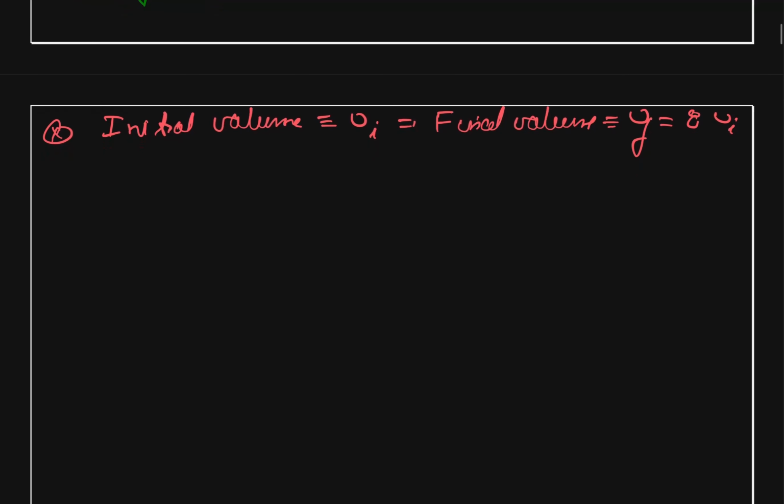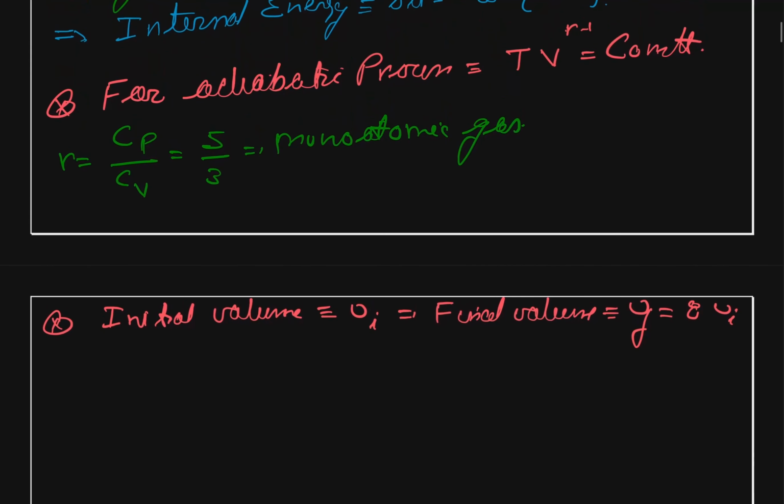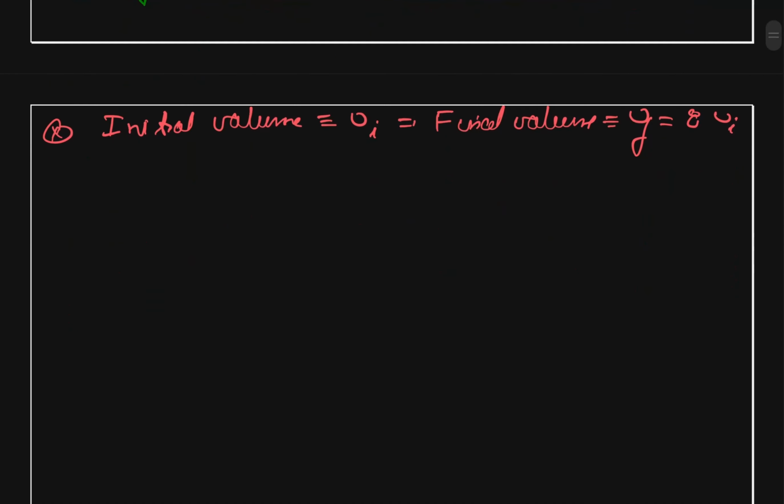We can reformulate this relationship between temperature and volume in terms of initial as well as final. Therefore T final V final gamma minus 1 will be equal to T initial V initial gamma minus 1, and we can substitute V final as 8 times V initial.